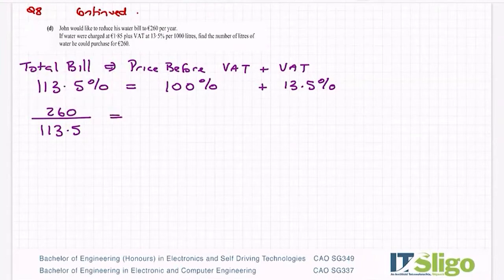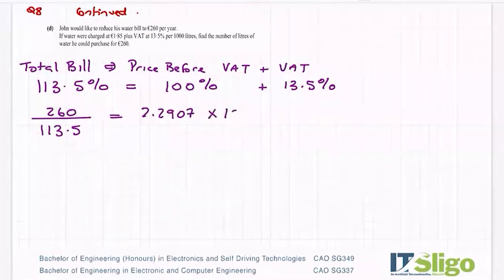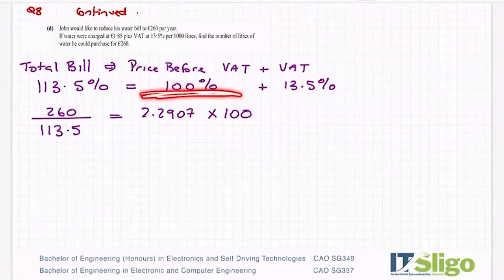So I get 260 divided by 113.5, and I get 2.2907. Now I'm going to multiply that by 100 because that gives me the price before VAT. And I get 229.07 euros. And that's the price before VAT.